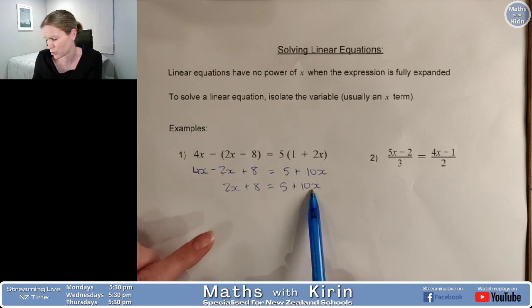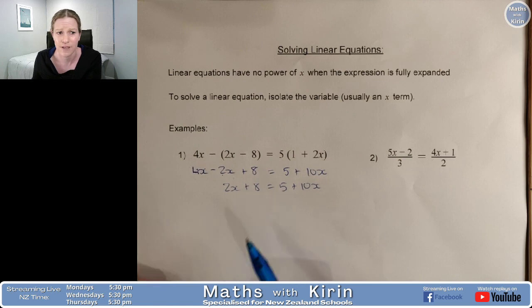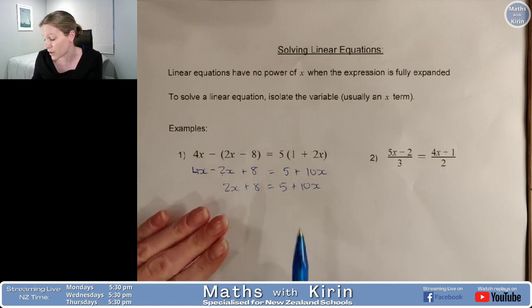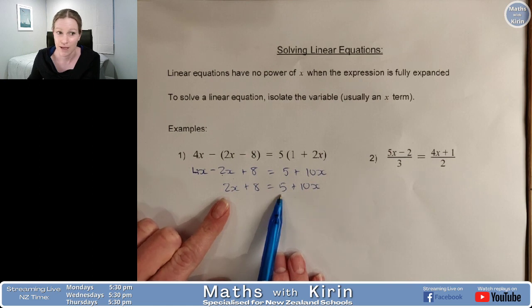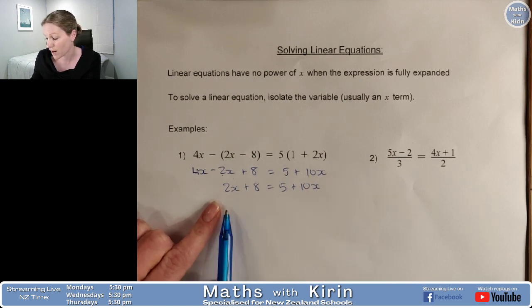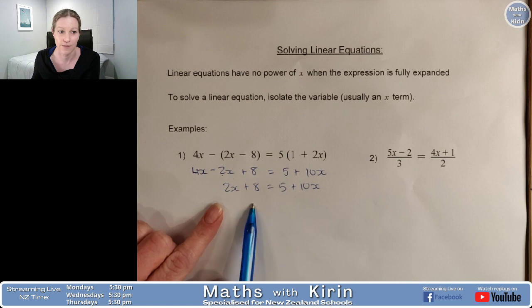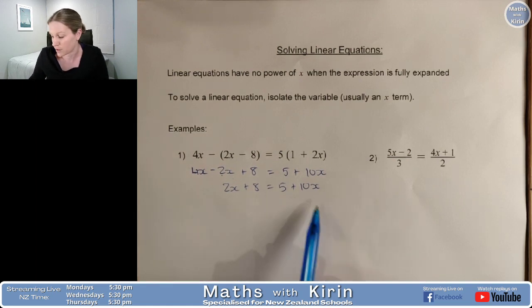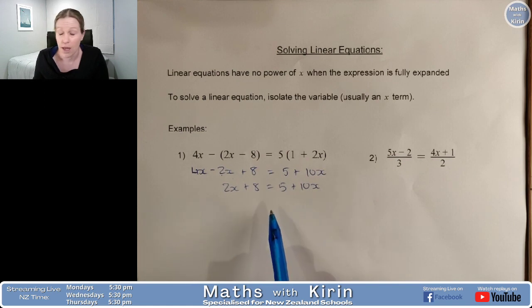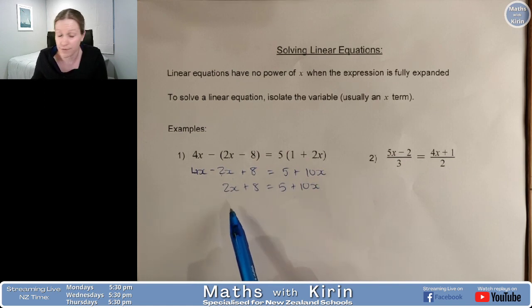It doesn't matter, it's personal preference. I tend to move things to the left. Some people also rewrite it, so 5 plus 10x on the left-hand side is equal to 2x plus 8. It's personal preference. I'm just going to move our x terms to the left.